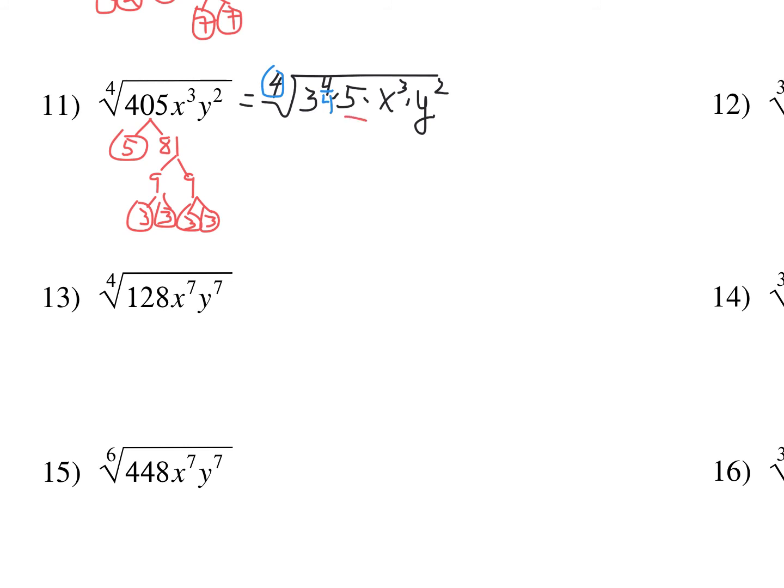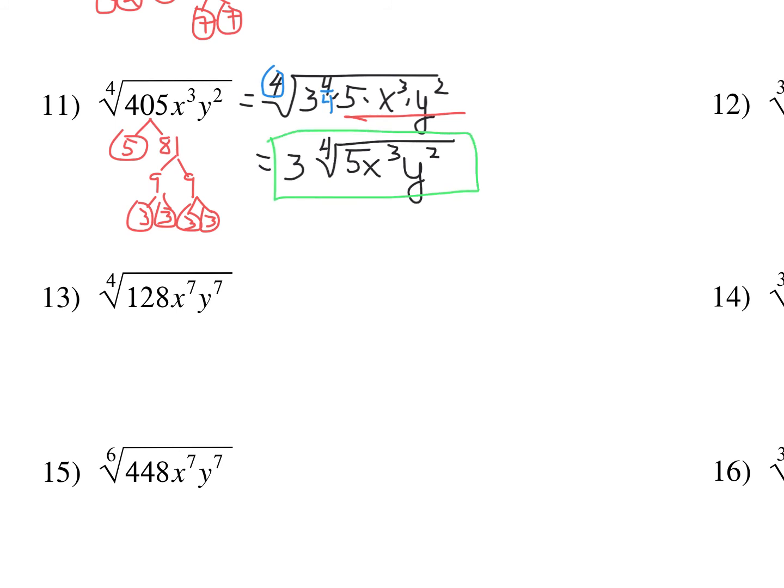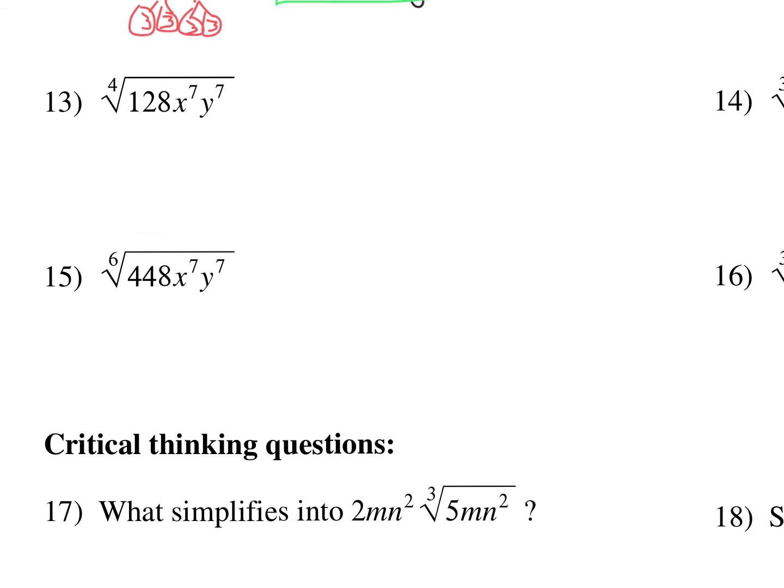Everything else will be left underneath because 3 and 2 are not divisible by 4. 4 divided by 4 is 1 with no items left over, so we are definitely going to have a 3 out in front of the 4th root. And then underneath is going to go 5 x cubed y to the 2nd. That's it. Only one of those things could simplify. So you weren't crazy. Maybe just a little bit.